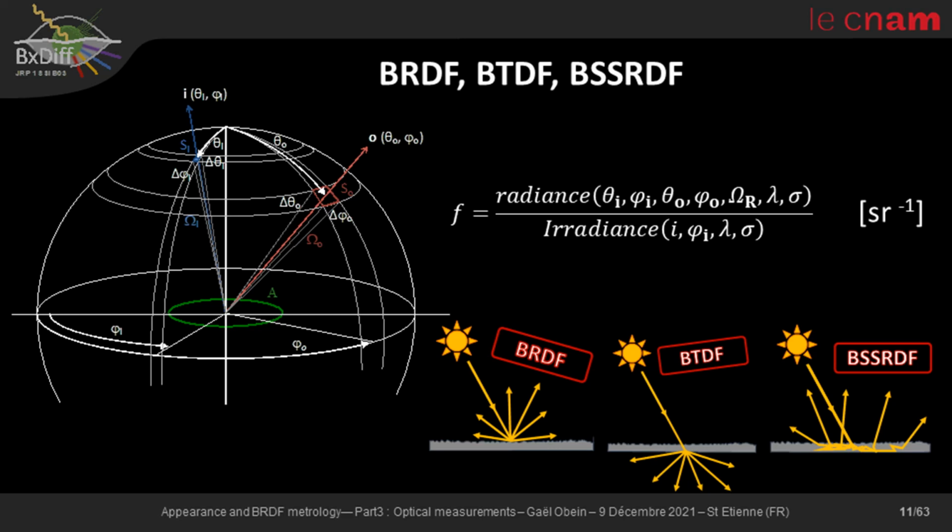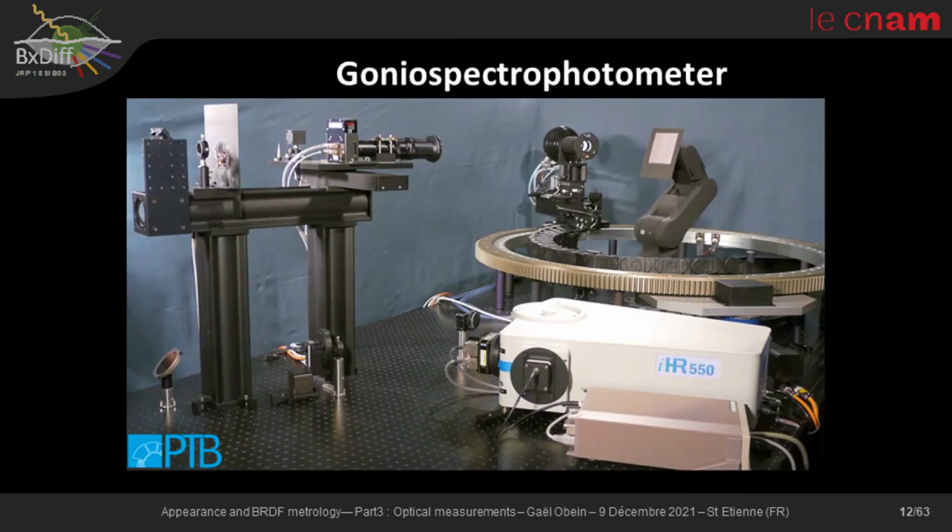It's even more complex here because you have to look at the radiance at a position that is different from the position of the illumination. But it's life, we have to do this. So we do this with what we call a goniospectrophotometer.